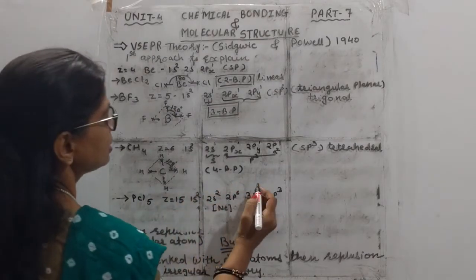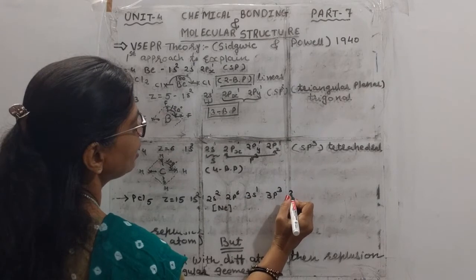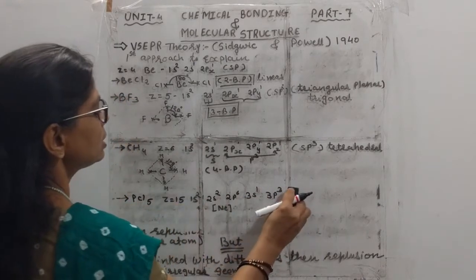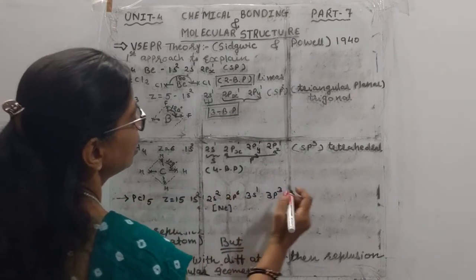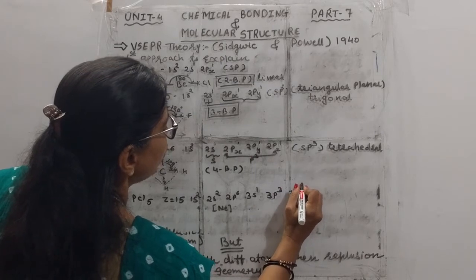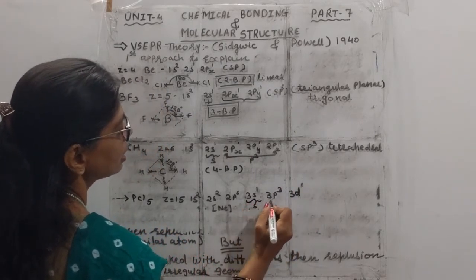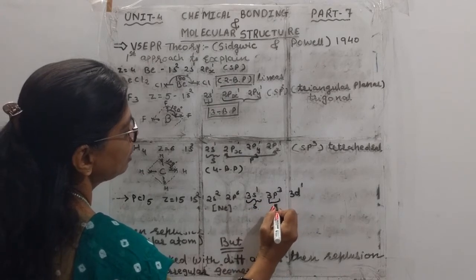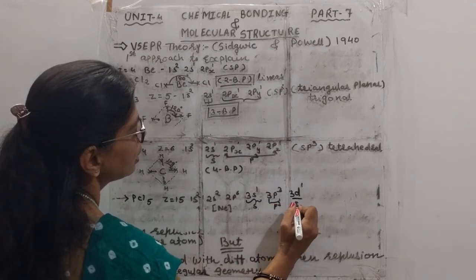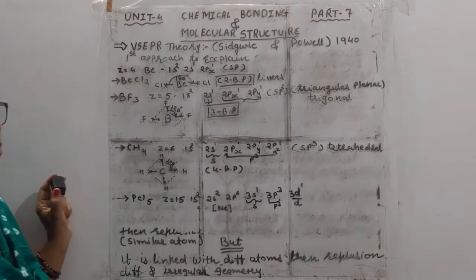In the excited state, an electron from the s orbital goes to the vacant d orbital. So in the excited state it is 3s1 and here we write 3d1. So the hybridization is s, p3 and d.